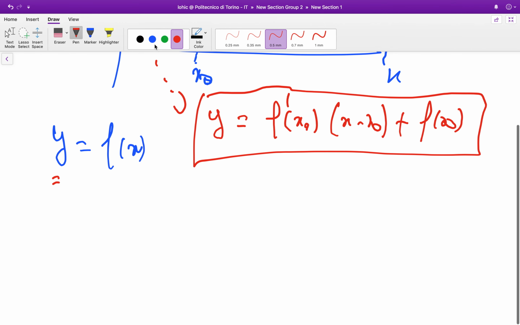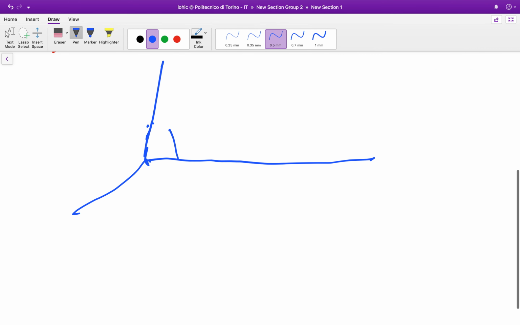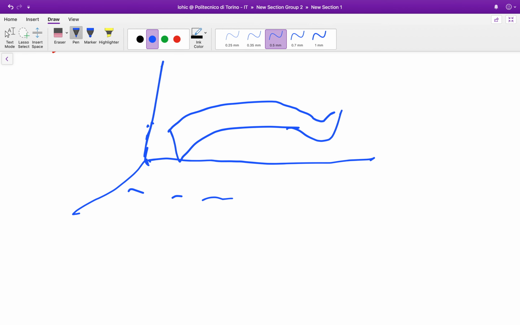Now we are in analysis 2, in space. We are no more considering a function with one variable but two variables. What does the graph of a two variable function look like? It's a kind of surface. Suppose you take this point with components x0 and y0.